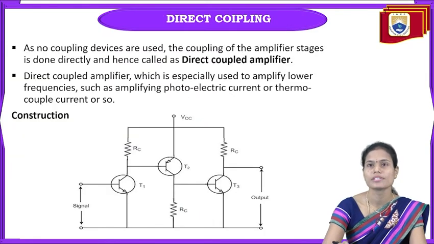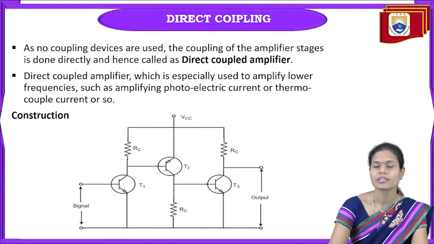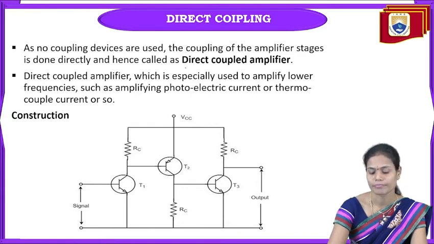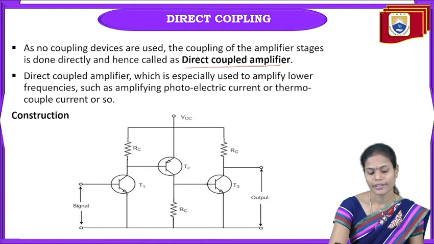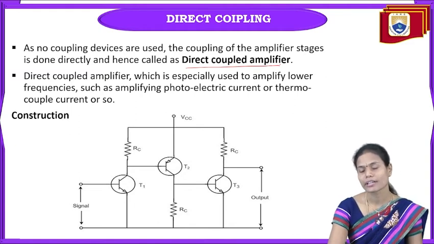Okay, now we will see all the coupling schemes with the circuits. I have already mentioned that in direct coupling schemes, we don't have any coupling element. Generally this direct coupled amplifier is useful for low frequency applications.